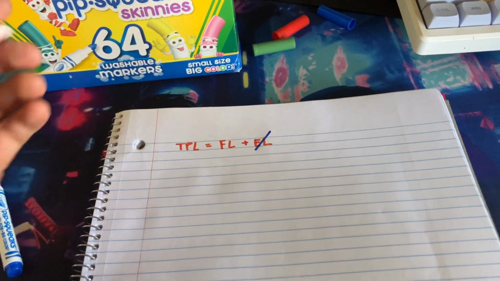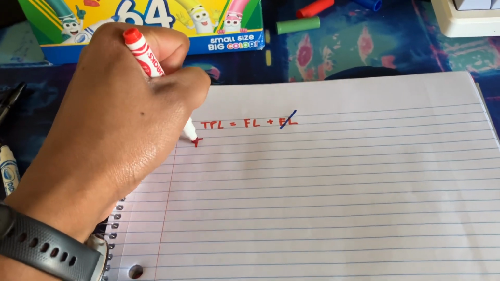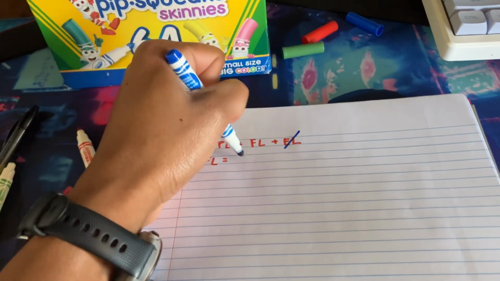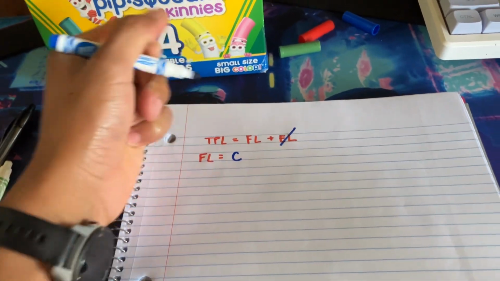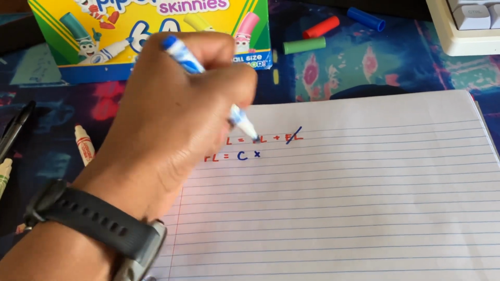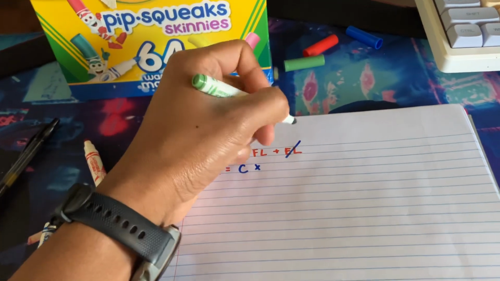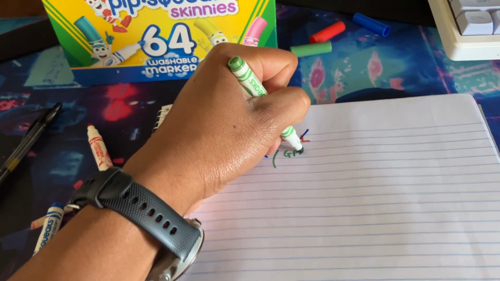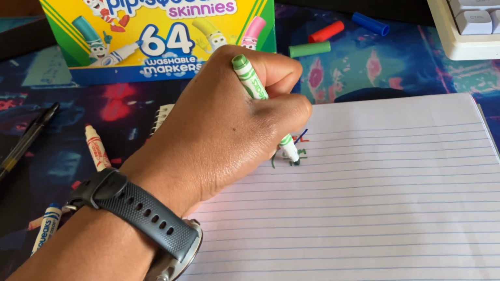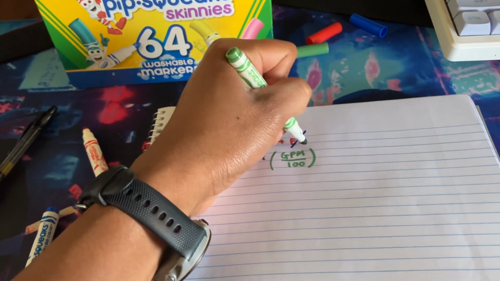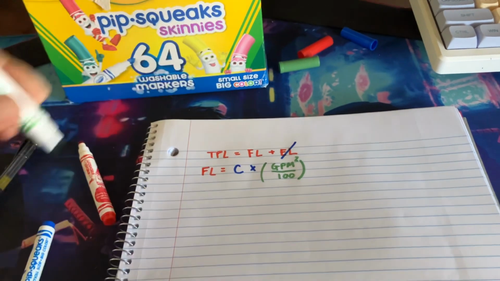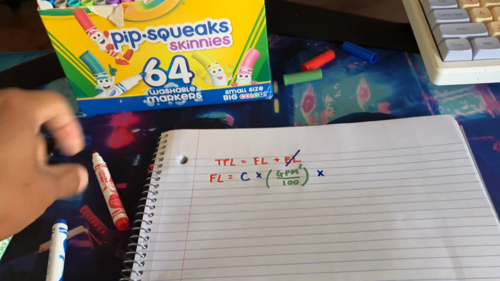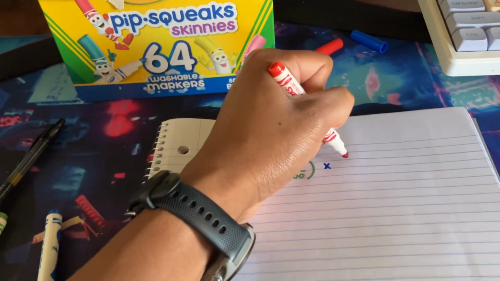So what did we say friction loss was? Well, friction loss equals your coefficient times your GPM over 100, squared, times your hose length.